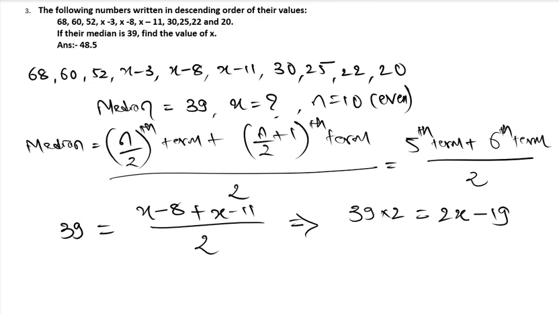So this will give you 39 plus 19 is equal to, sorry, my mistake. 39 into 2 will be 78. 78 plus 19 is equal to 2x.